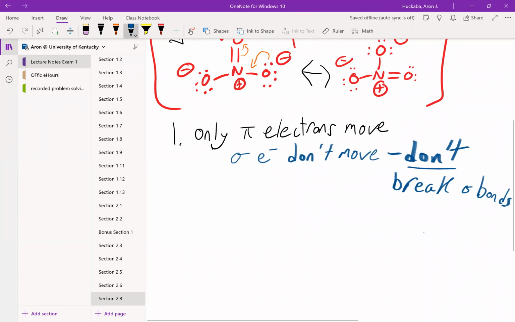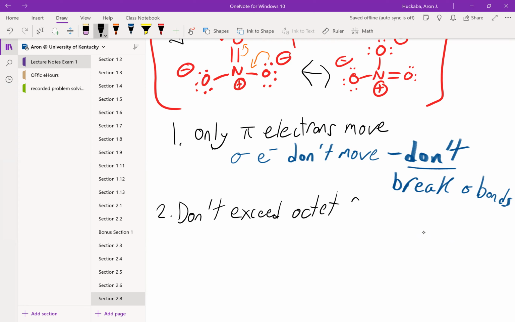That's rule number one. Number two is also important, which is don't exceed the octet rule for the following elements: boron, carbon, nitrogen, oxygen, fluorine, the second row elements that are in the P block, the main group there on the right.